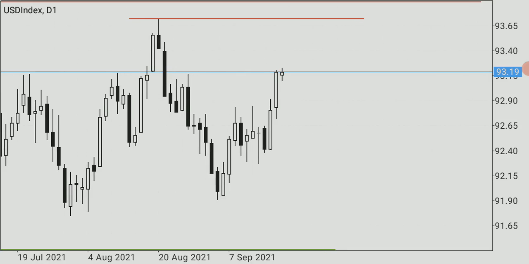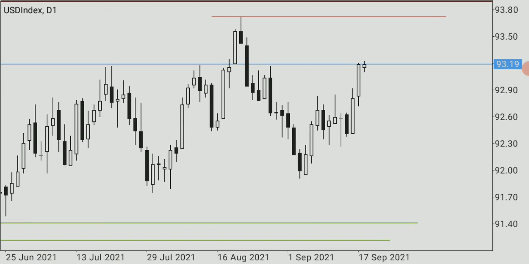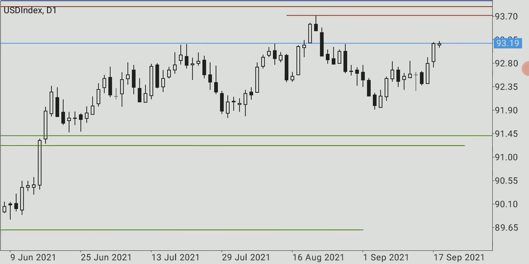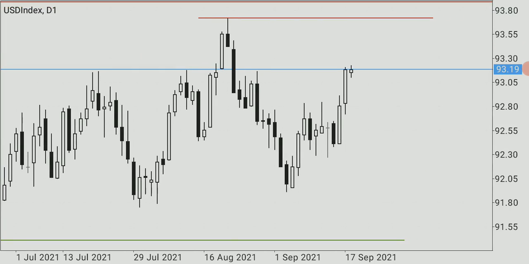So we are going to be analyzing the markets using, as usual, the dollar index as our indicator. Right now the market has been bullish, so we'll likely follow the momentum of this market.